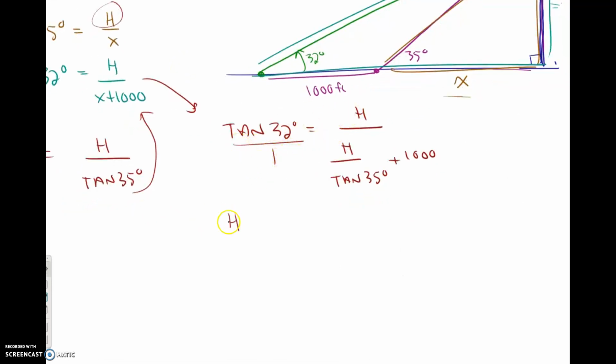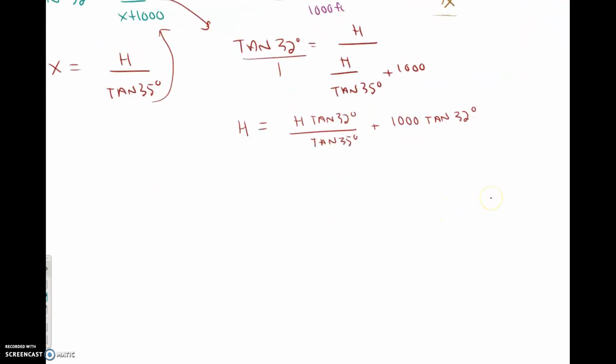1 times h is h. This times this. This times this. Oh my goodness, sorry. That would be h times the tangent of 32 degrees over the tangent of 35 degrees plus 1,000 times the tangent of 32 degrees. I want to solve it for h, so I got two h terms. Let's get them on the same side.